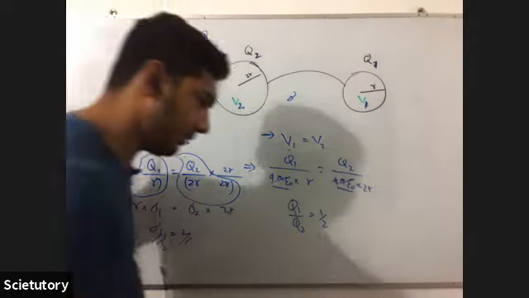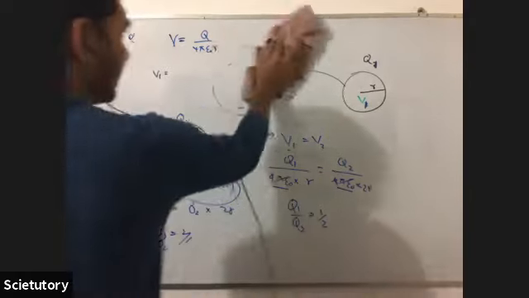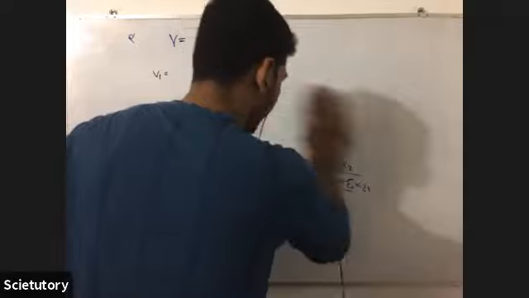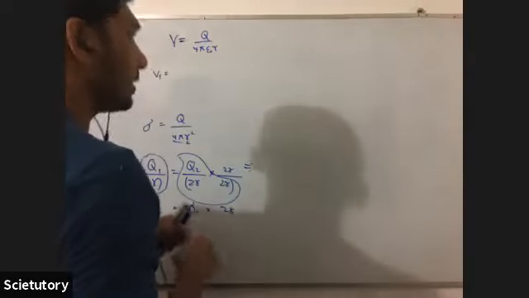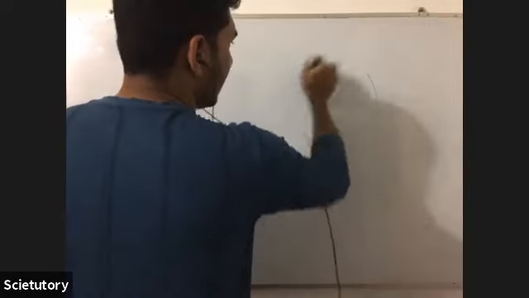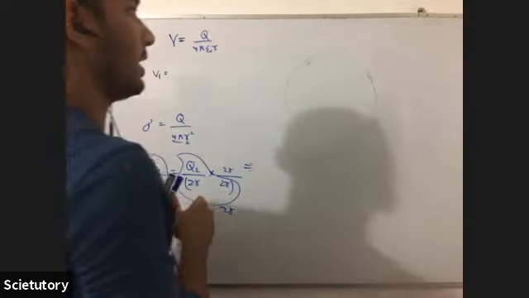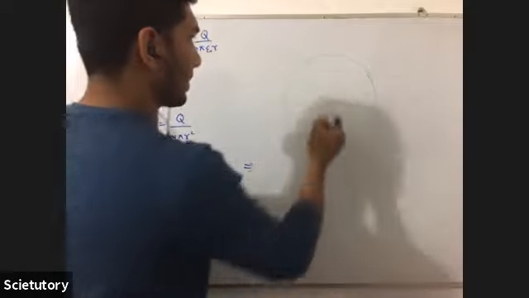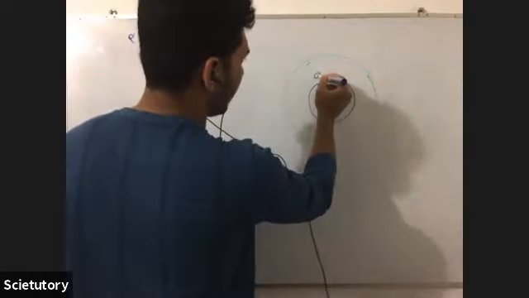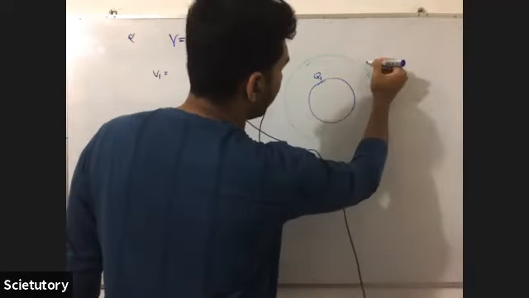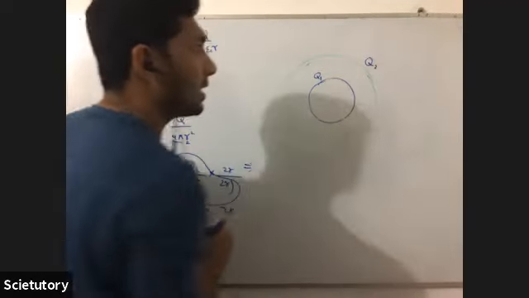So now I'm going to give you an exercise. Yesterday one of my students asked me this doubt. There are two spheres like this, hollow spheres. Both are charged, and this one has charge Q1, and this is the outer shell.